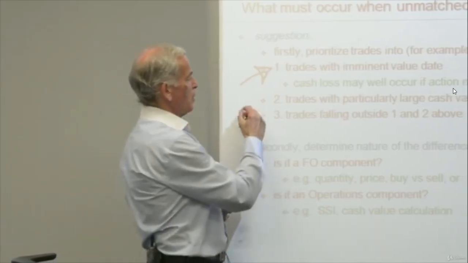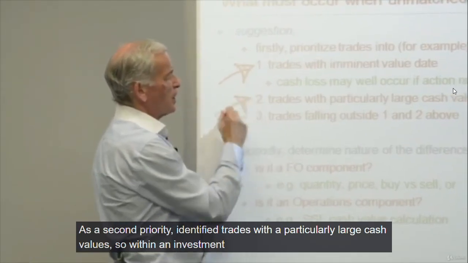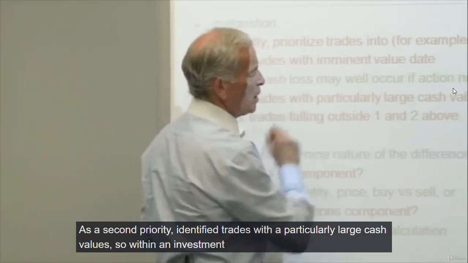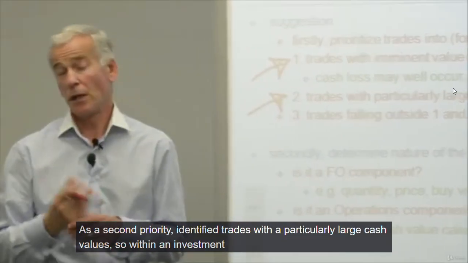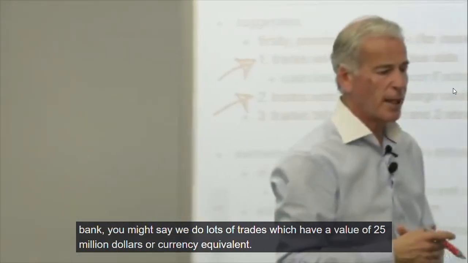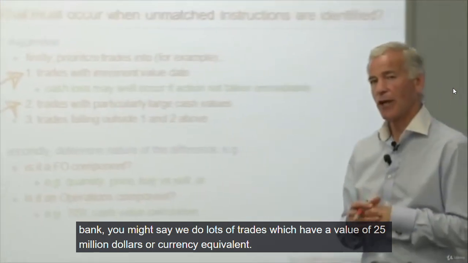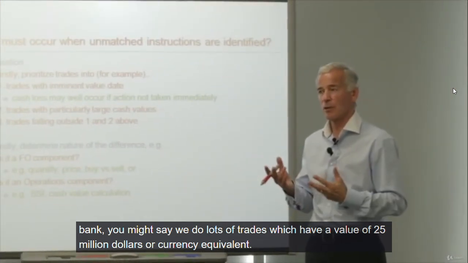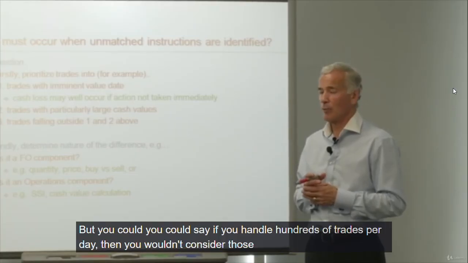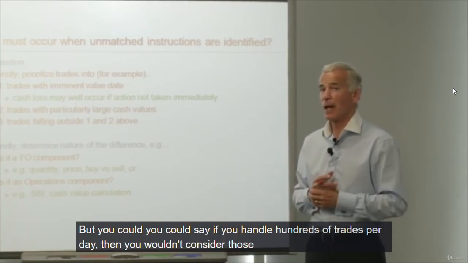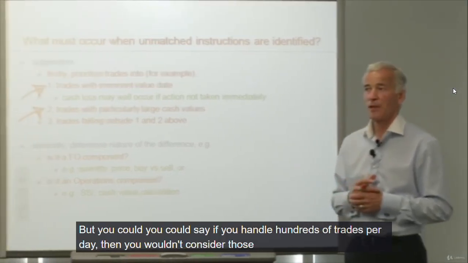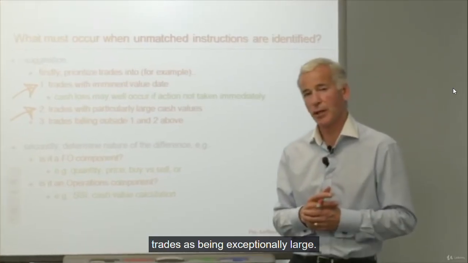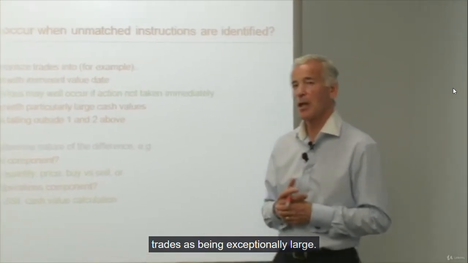You could, as a second priority, identify trades with particularly large cash values. So within an investment bank, you might say, we do lots of trades which have a value of $25 million or currency equivalent. But if you handle hundreds of trades like that per day, then you wouldn't consider those trades as being exceptionally large.